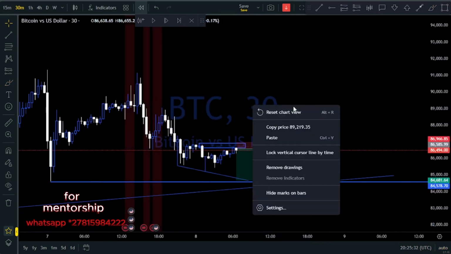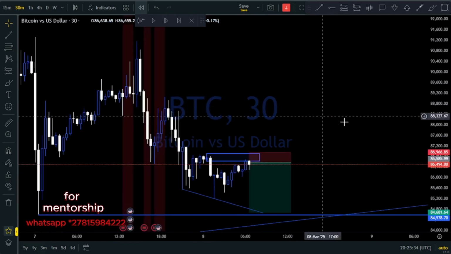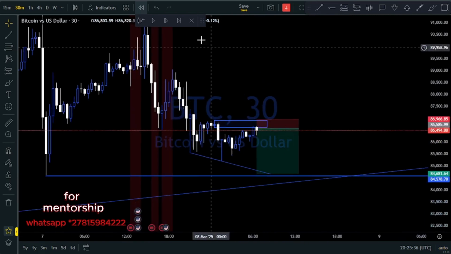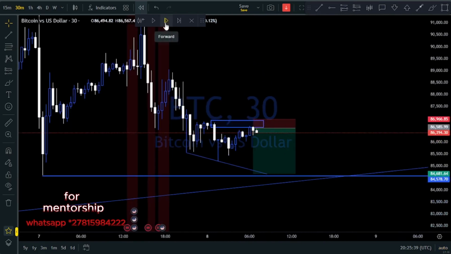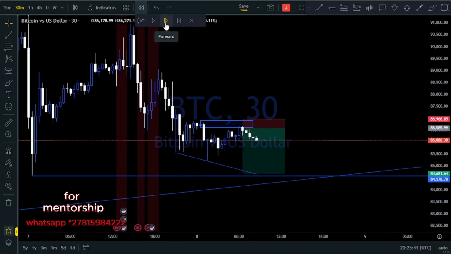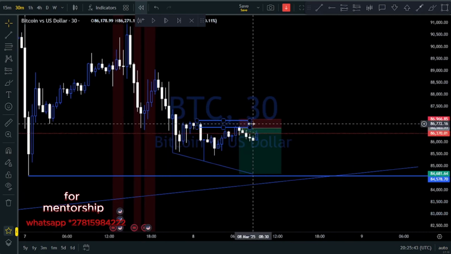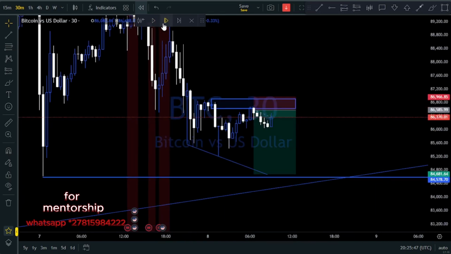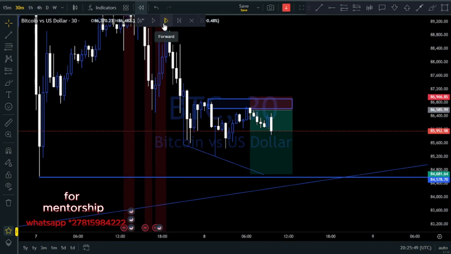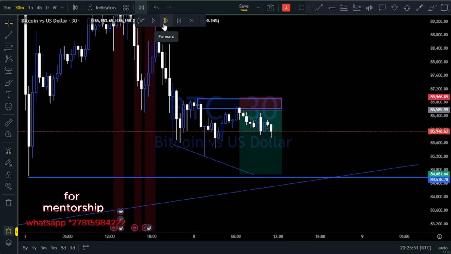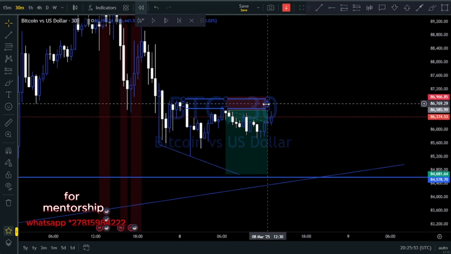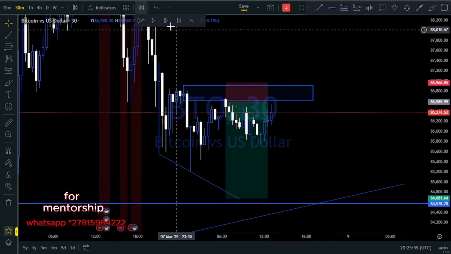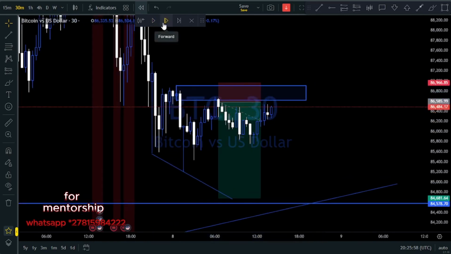I don't predict, right? And then what happened to the trade is that it played for a long time here. But at the end, it came back here.